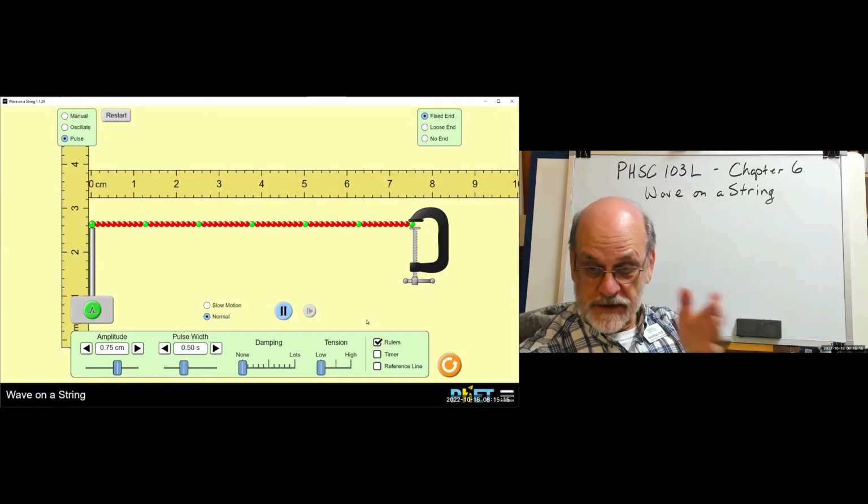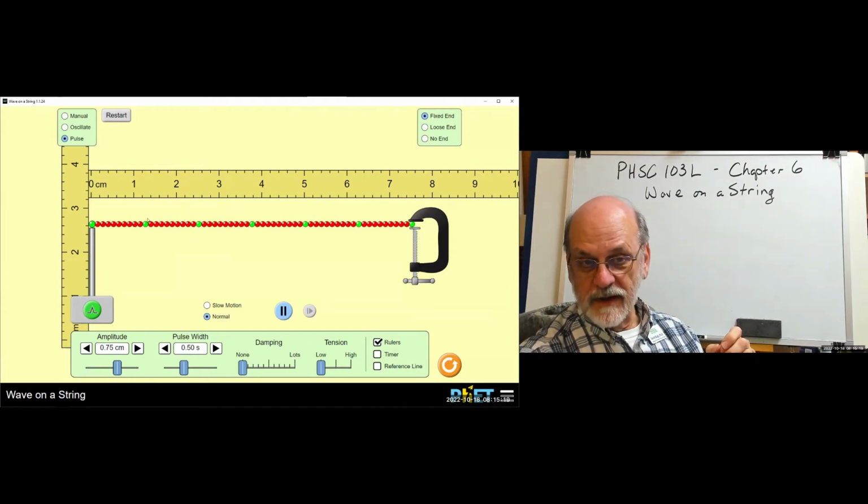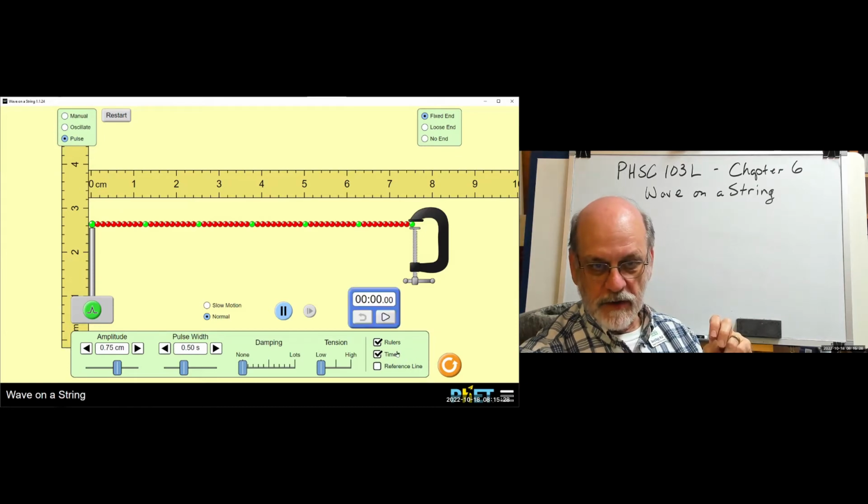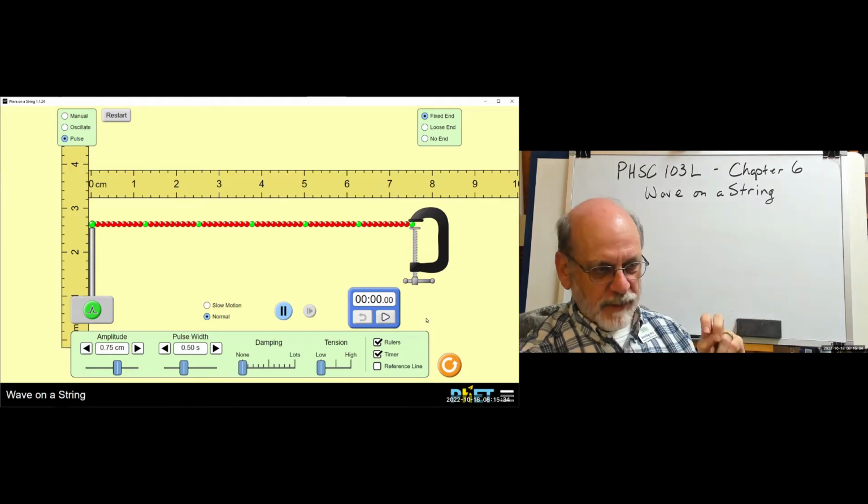So we can measure distances, both amplitude up and down, and longitude left to right. Rulers, timer. We want the timer also. And it says to leave the amplitude and the pulse in the default condition.